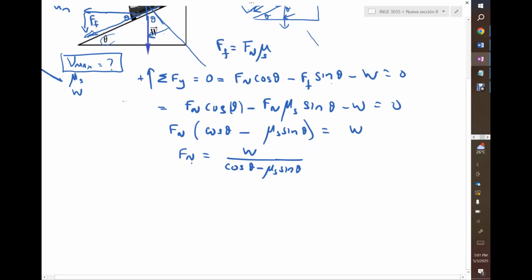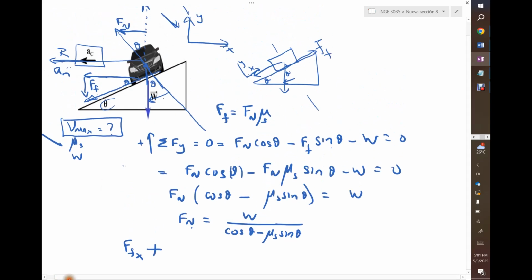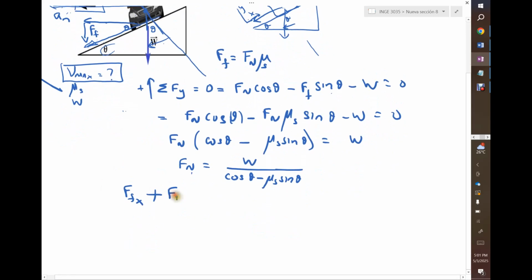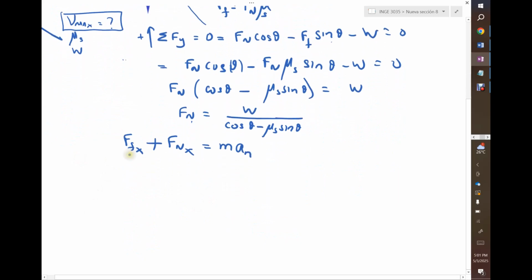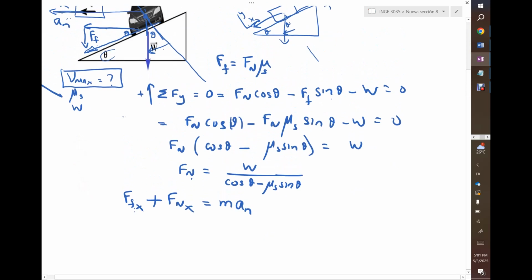So that means that the FF in the x direction plus Fn in the x direction must be equal to the mass of the car times the normal acceleration called An. Alright, so what is FFX? Well, that is whatever definition I have for FF, which is normal times mu s.